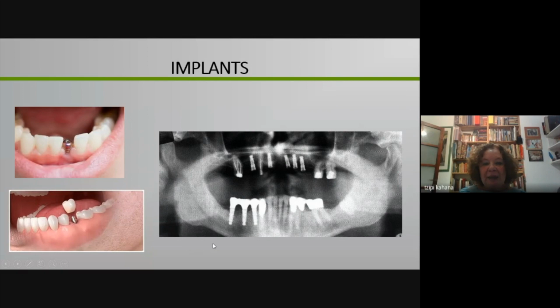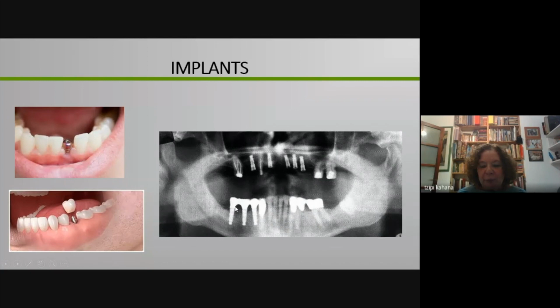Finally, although there's a lot of information that we can collect from the cadaver, I cannot give you everything in one hour, we will talk a little bit about implants, because implants changed a little bit the way we looked at the mouth.